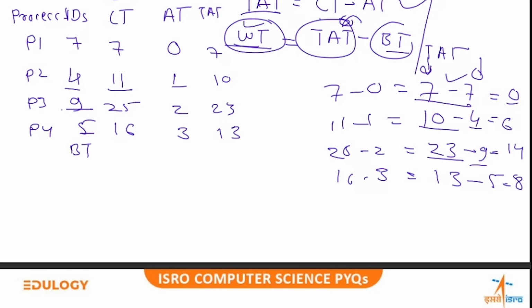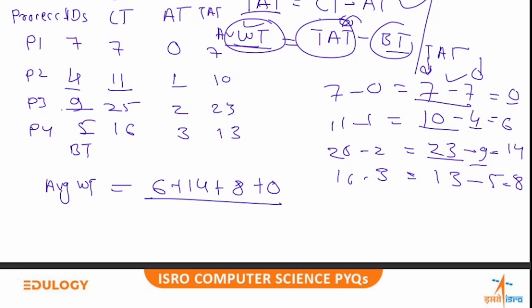Now we have to calculate average waiting time. Average means the sum of the terms divided by the total number of terms. There are 4 processes.